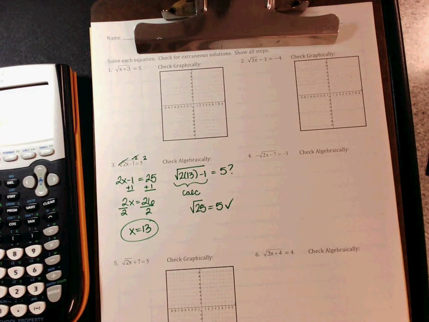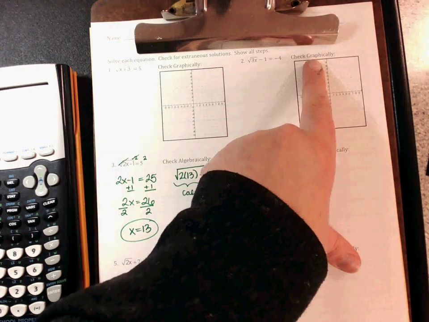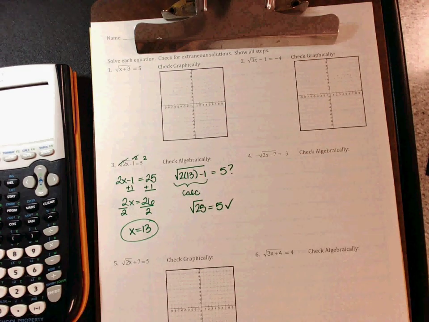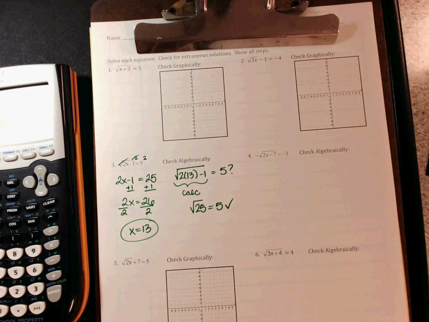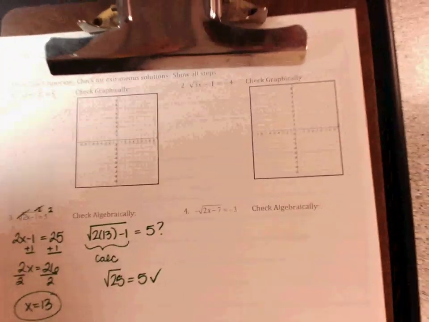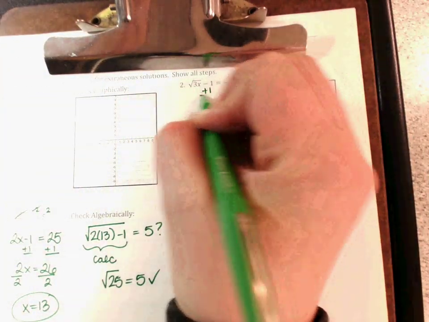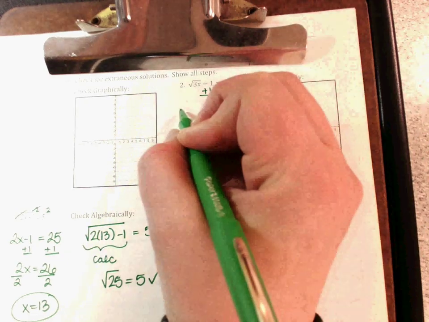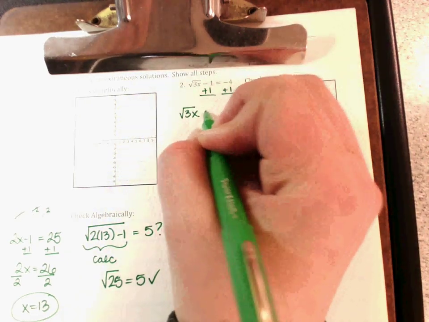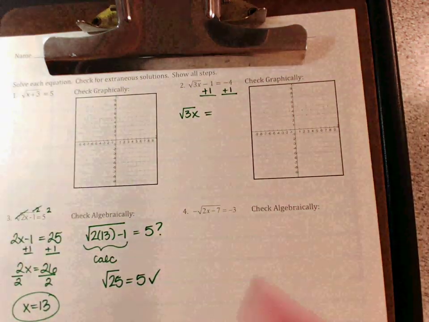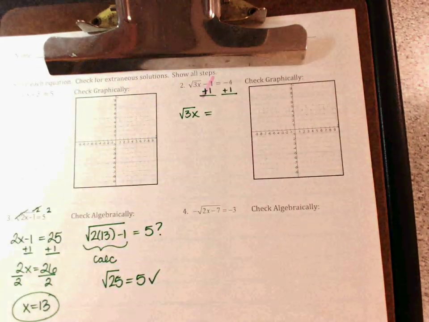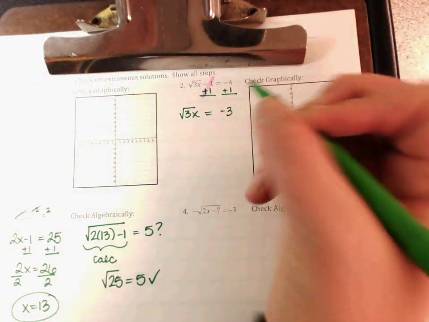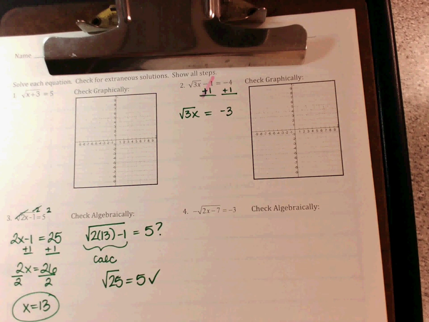These are both checking how? Graphically. Okay, so let's do 2 first. What do I do to solve on number 2? Okay, plus 1 on each side. So I have root 3x equals, what is negative 4 plus 1? Negative 3. Because remember, if you're backwards 4, and then you move forward 1.